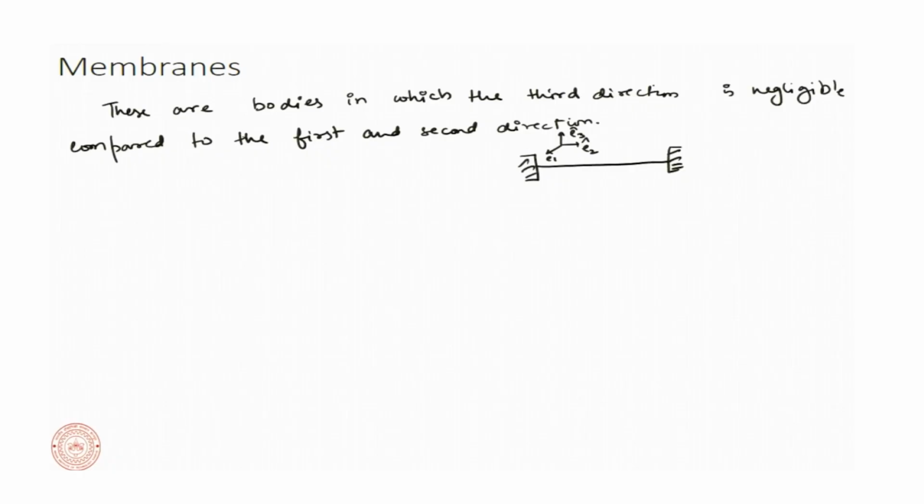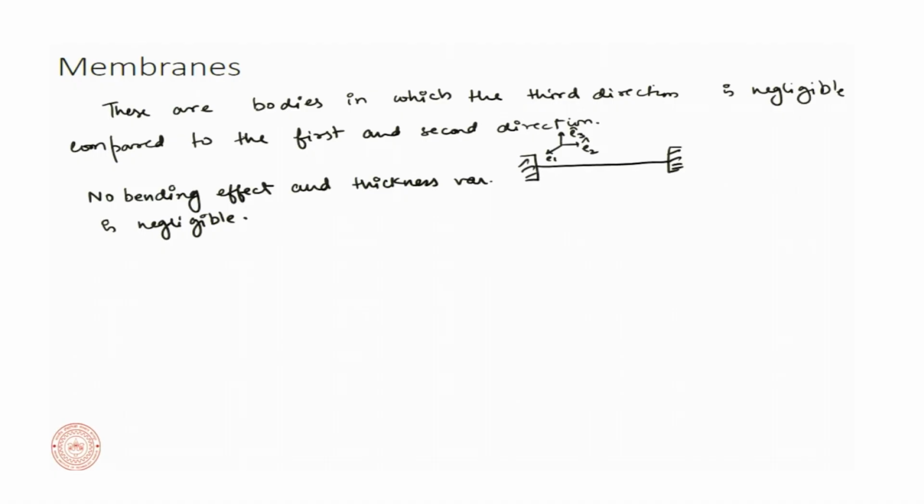So, if that is the case, what we can say is that there is no bending effect, and any thickness variations are negligible. The thing is not going to bend.